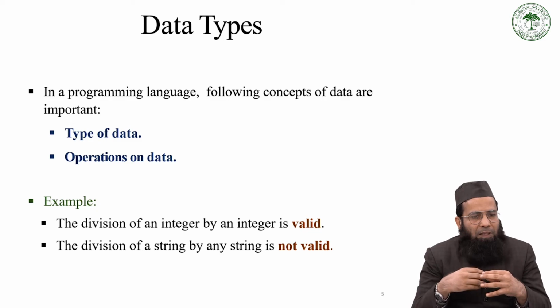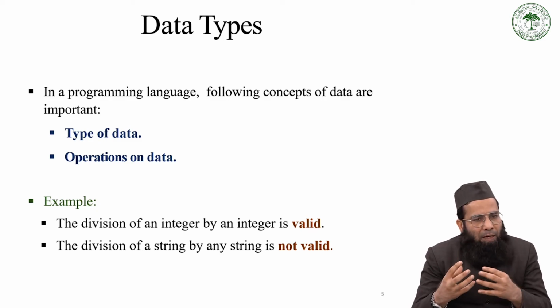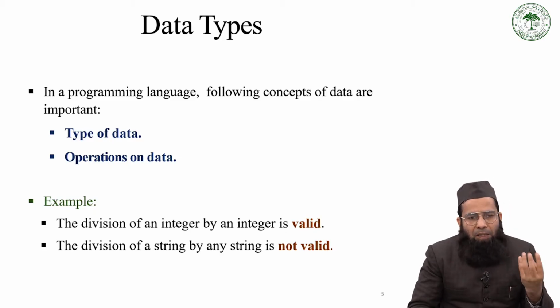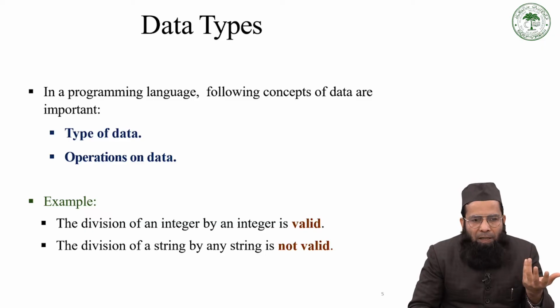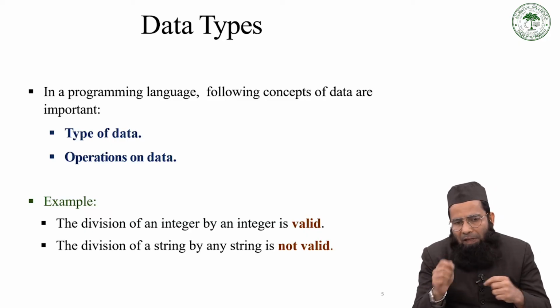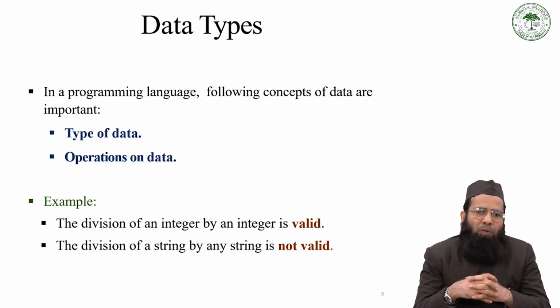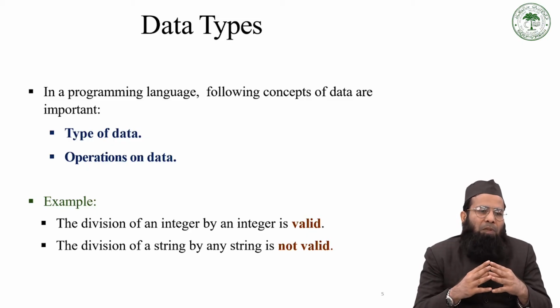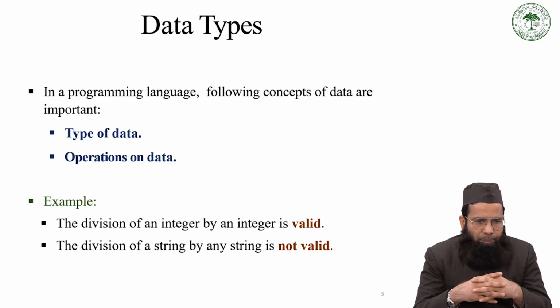Like say if the data is a string, we can apply operations such as pattern matching, finding a substring, and comparing two strings. But when we are considering the integer data type, pattern matching is not a valid operation.